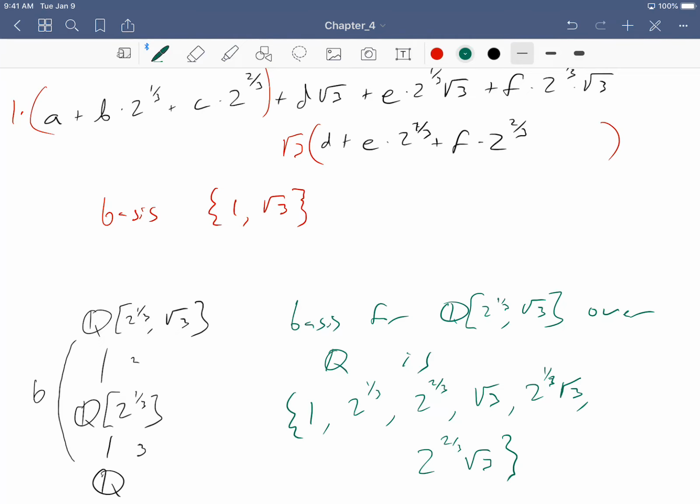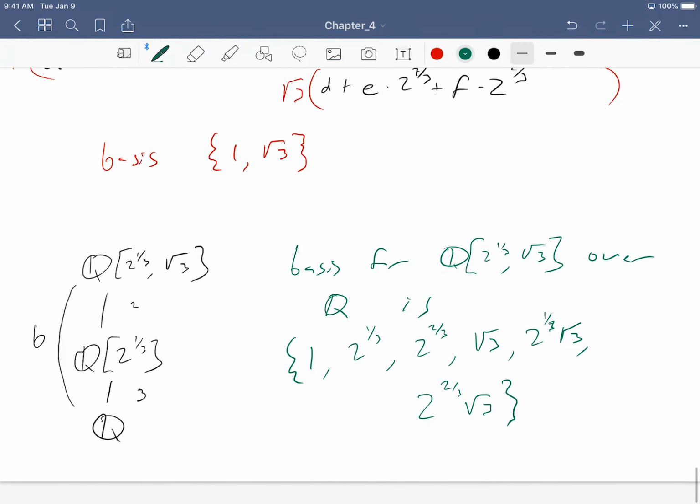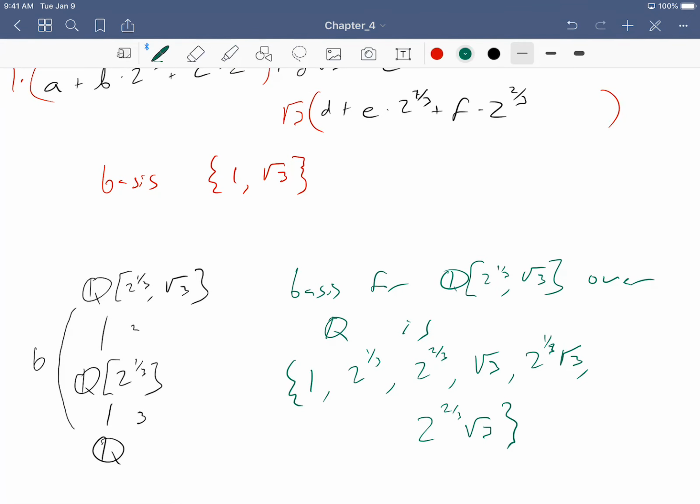And we end up with those 6 elements for our basis. All right, so you'll do one more of these for homework, just to try again and get this feel for how the bases are related, how the degrees of the field extensions are related.